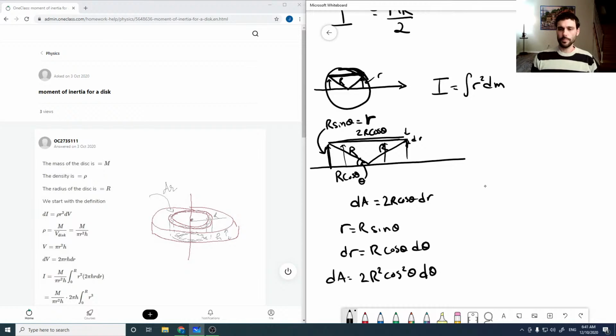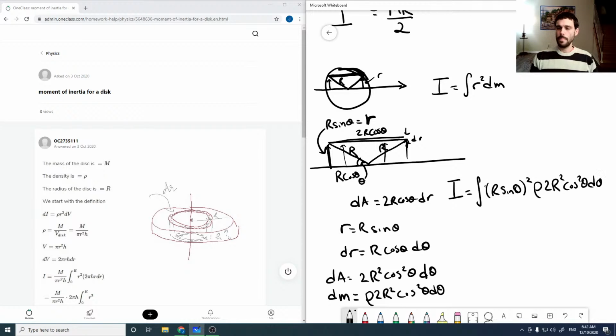And again, similar to above, we can now define a small amount of mass as rho 2r squared cos squared theta d theta. Now plugging in these values for our moment of inertia expression, right? So now r squared, so the integral of r sine theta squared, and then our dm, which is now rho 2r squared cos squared theta d theta.